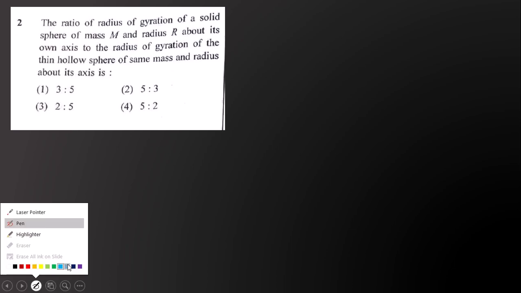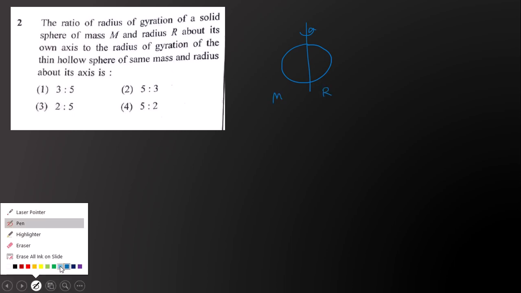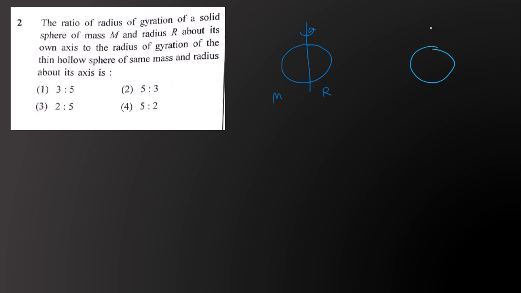Let's move on. So here it is given that there are two solid objects. One is a solid sphere whose mass is m and the radius is r, and then we have another hollow sphere whose mass is m and the radius is r.